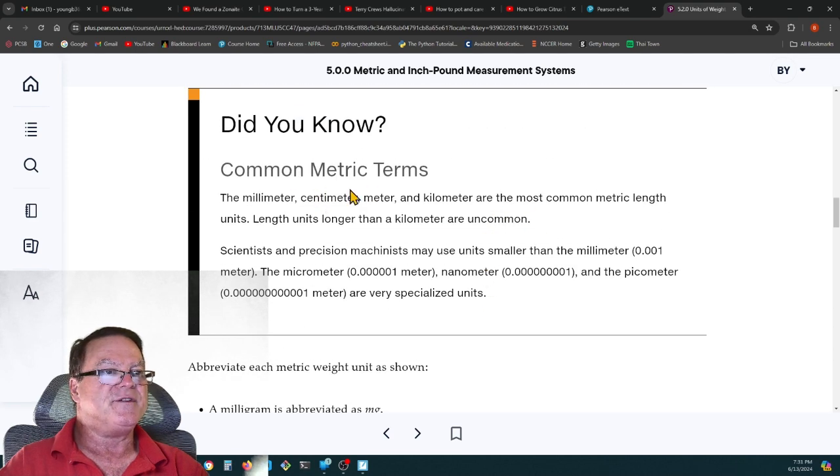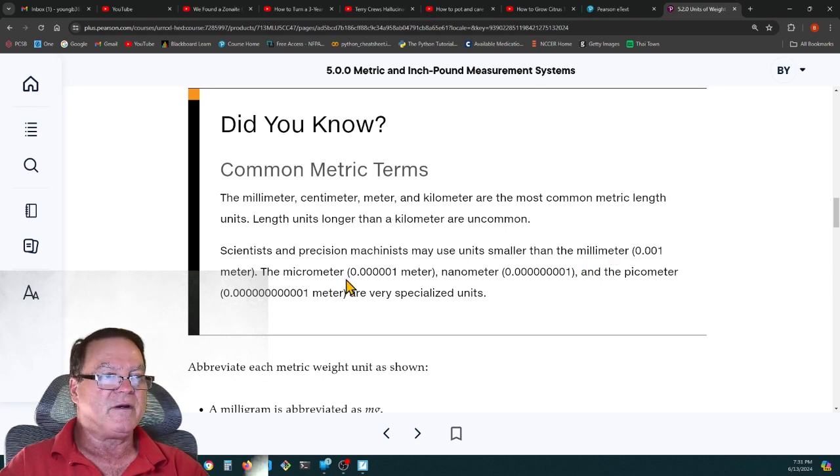Did you know common metric terms, the millimeter, centimeter, meter, kilometer, are the most common metric length units? Length units longer than a kilometer are uncommon. Scientists and precision machinists may use units smaller than a millimeter.